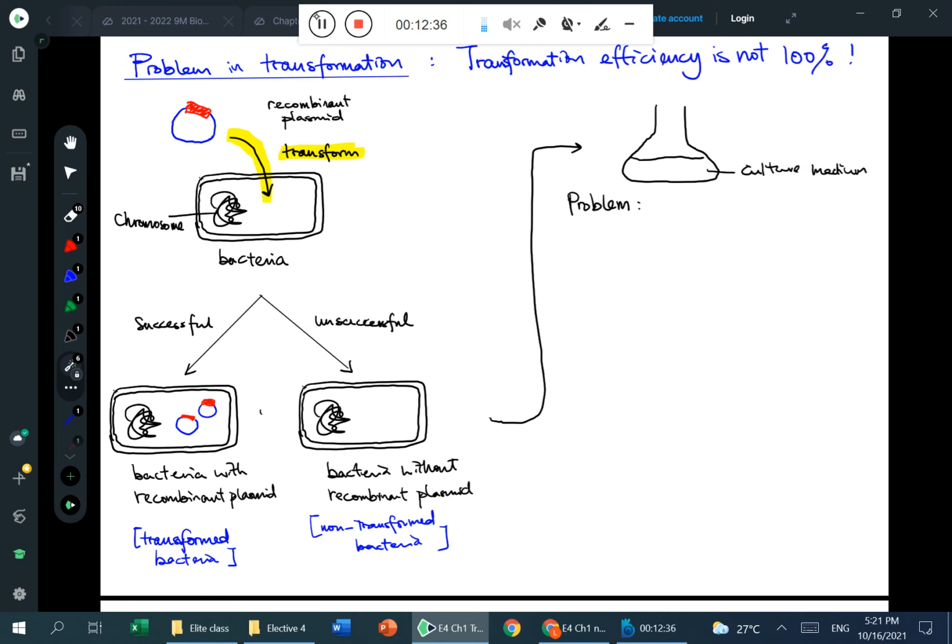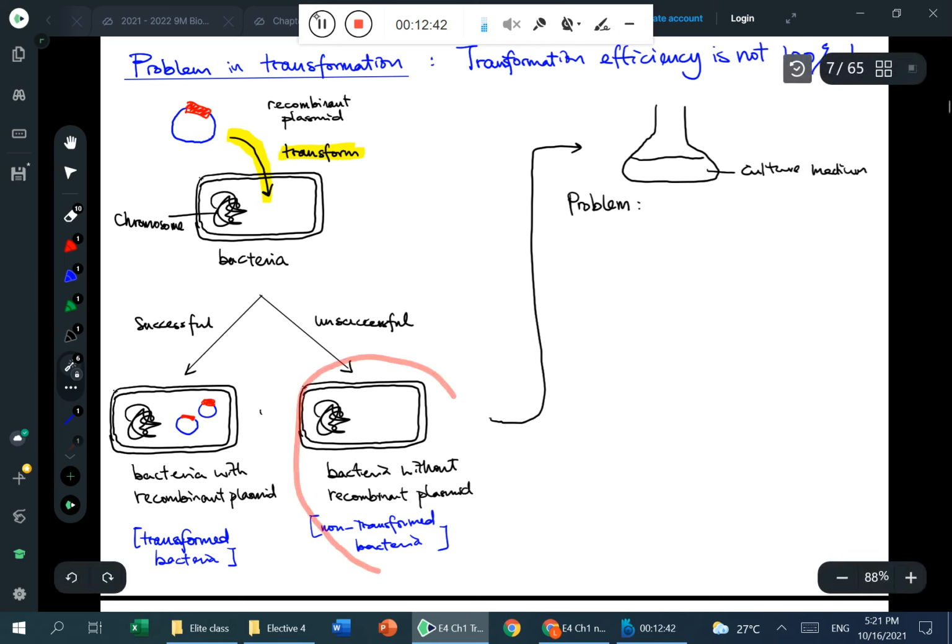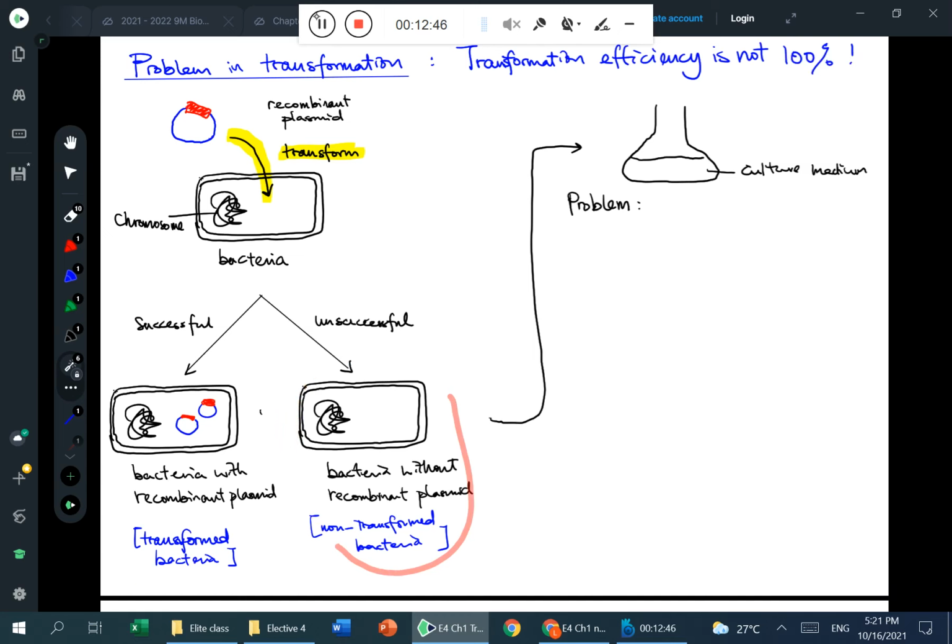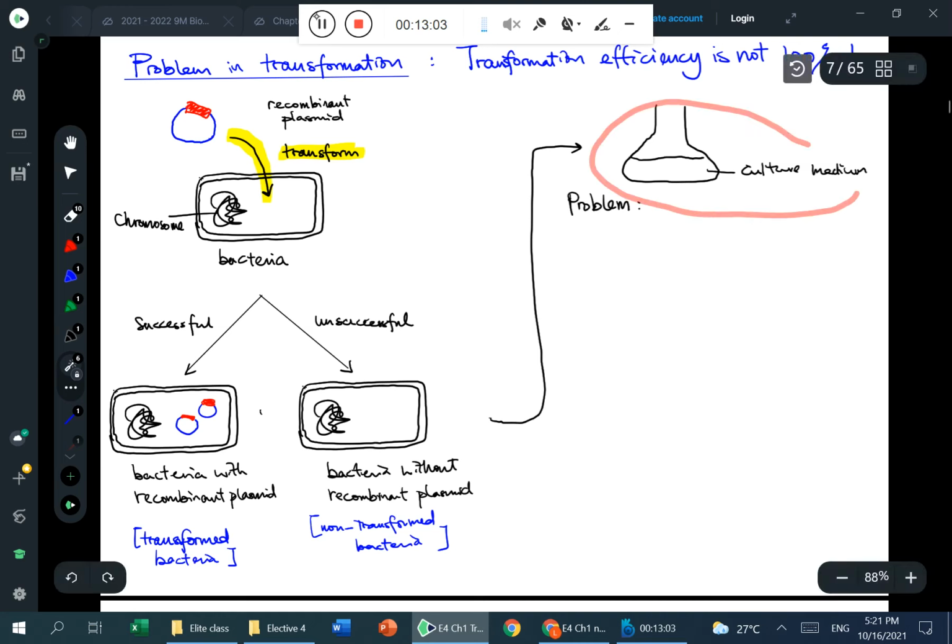So which type of bacteria would grow better? Now obviously you would realize that the non-transformed bacteria would grow better. Also remember that the bacteria reproduce quickly. They are reproducing every single minute, let's say. And this culture medium, we are going to grow it for at least 1 or 2 days.